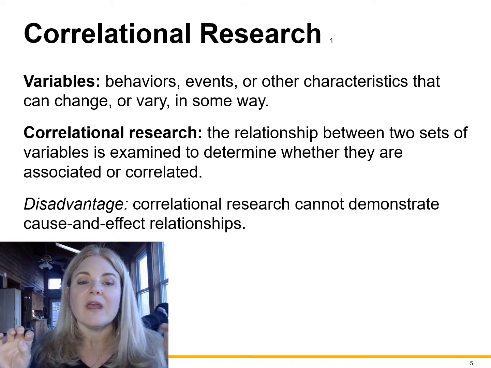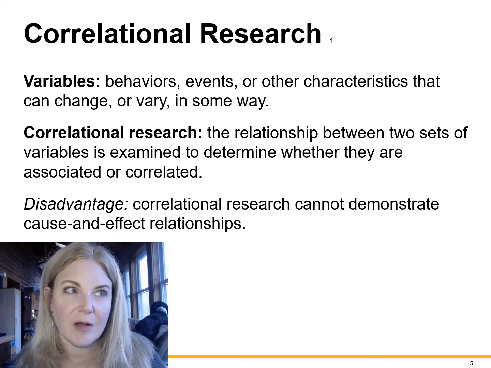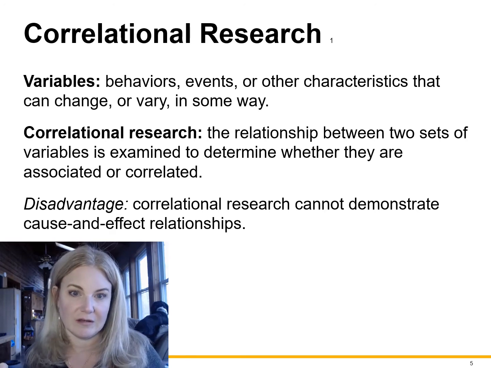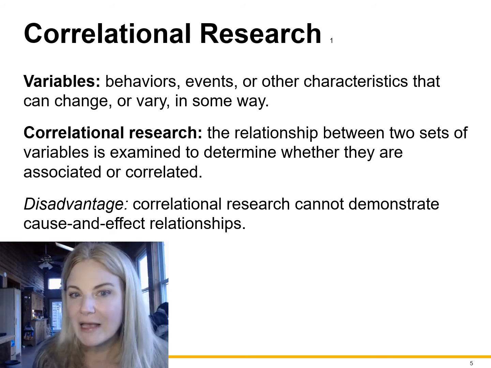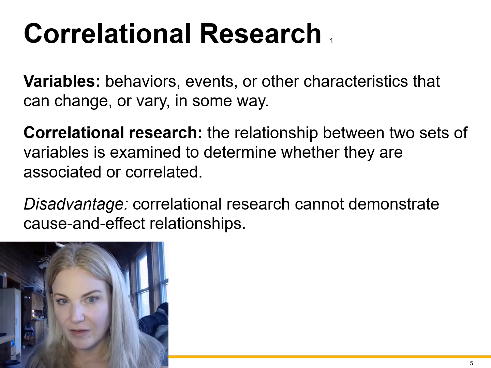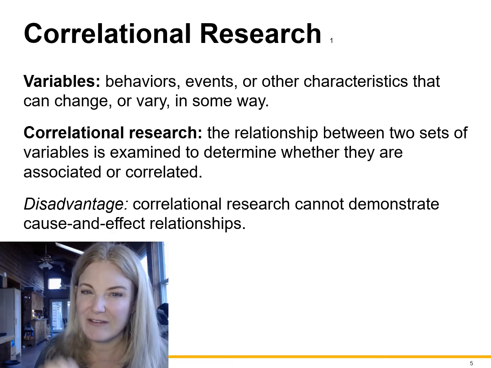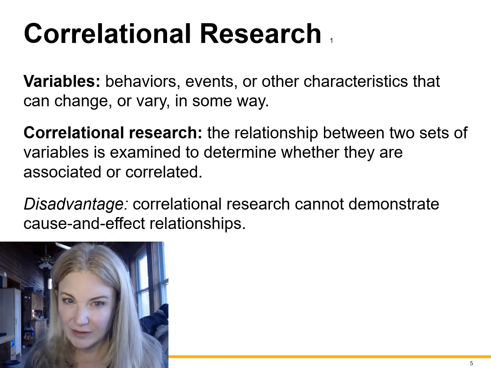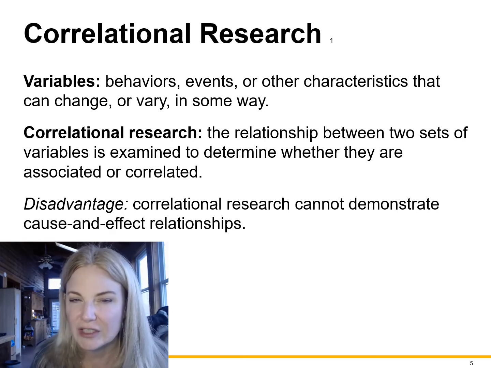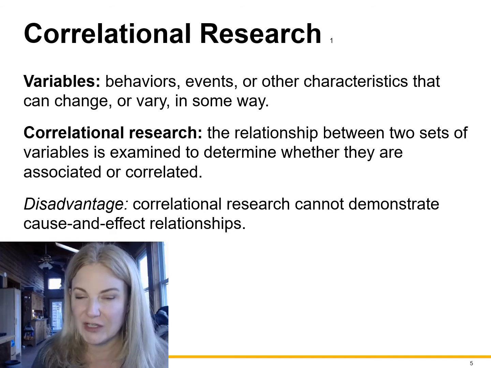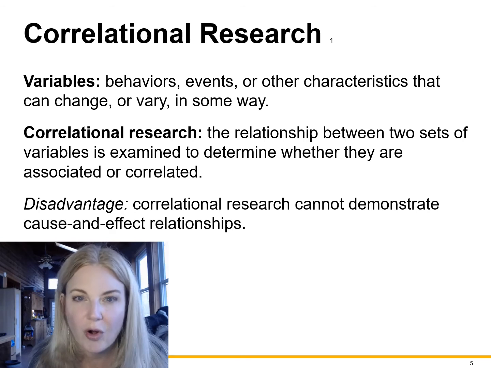So if I were to say that there is a correlation of -0.75 and +0.75, that is of the same strength. Even though one is negative and one is positive, the negative and positive all that tells us is the direction of the relationship. They're both very strong relationships.